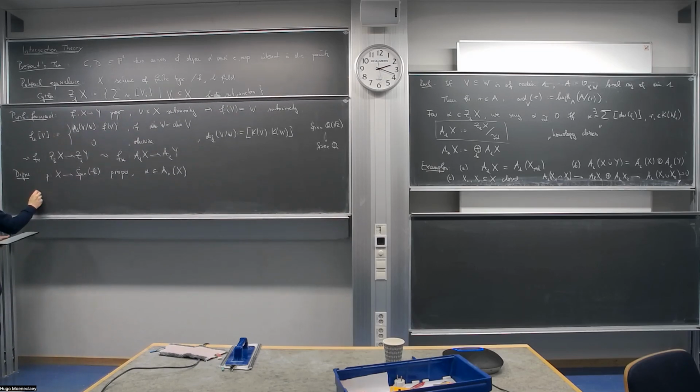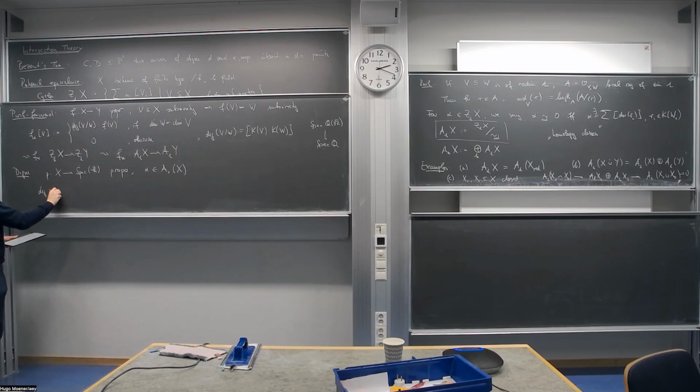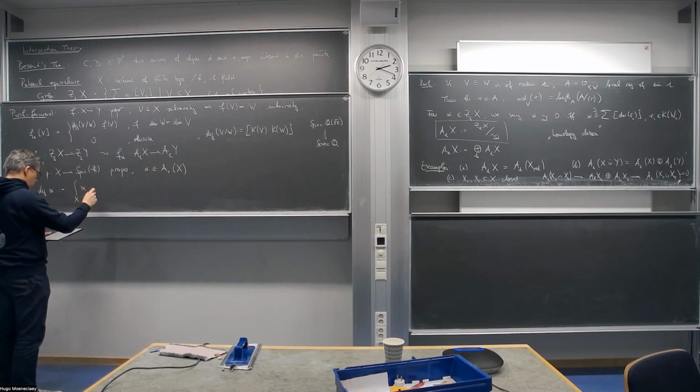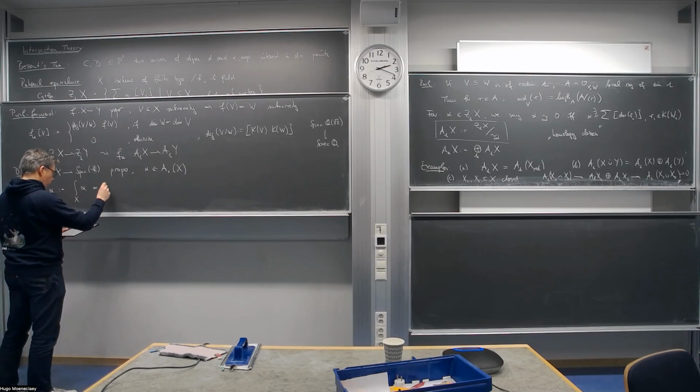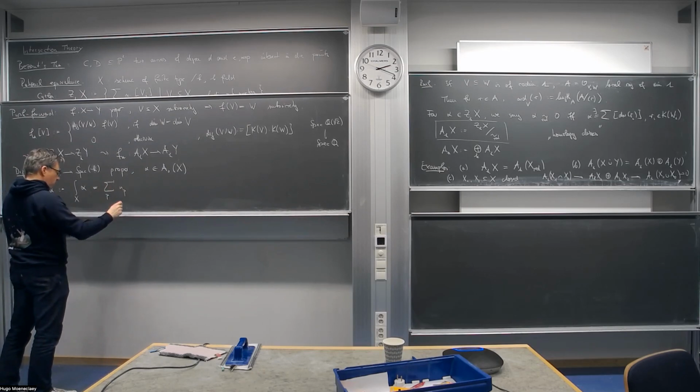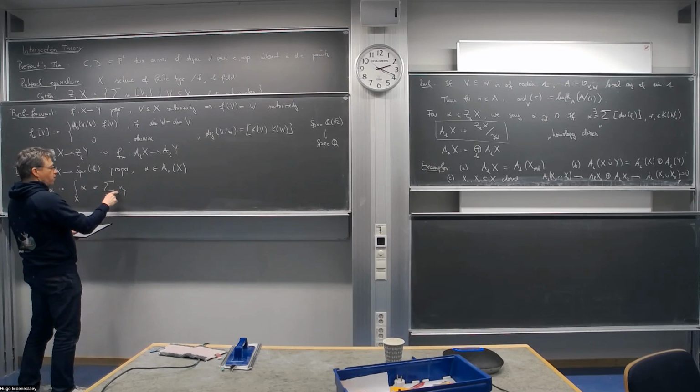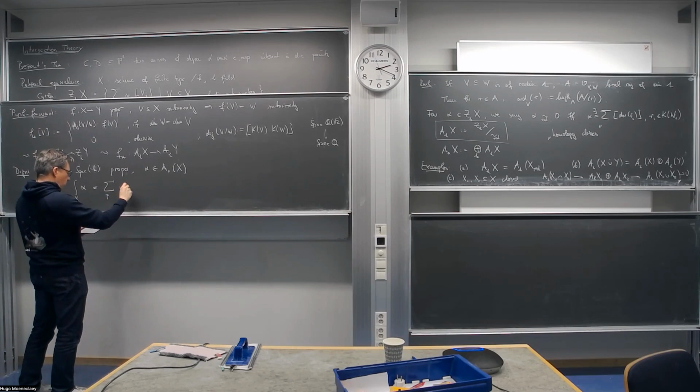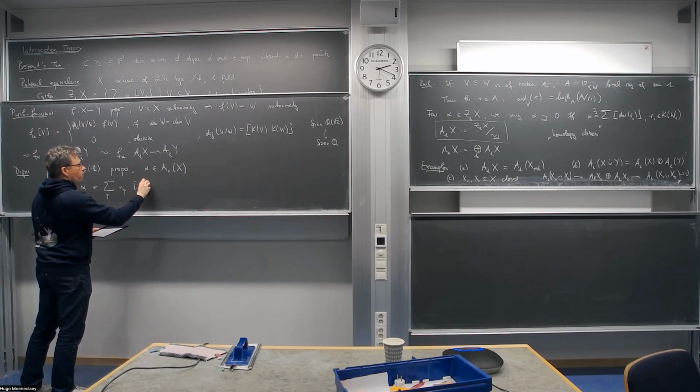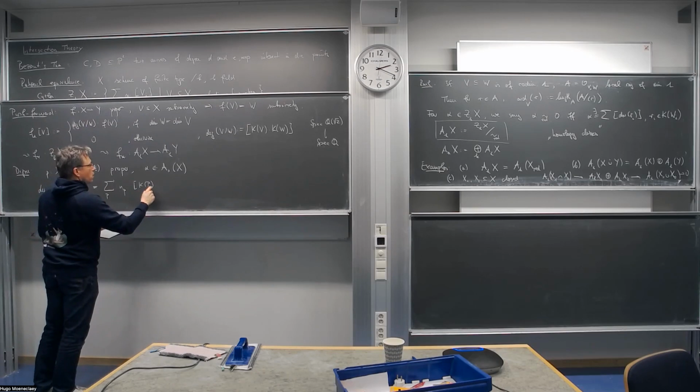Then one defines the degree of the cycle, which we can also call an integral, we integrate alpha over X. We go over all points, take the multiplicity of the point in alpha, and multiply it with the degree of the field extension over k.